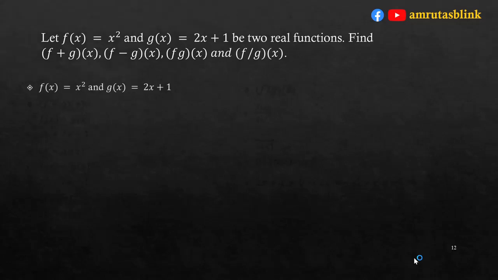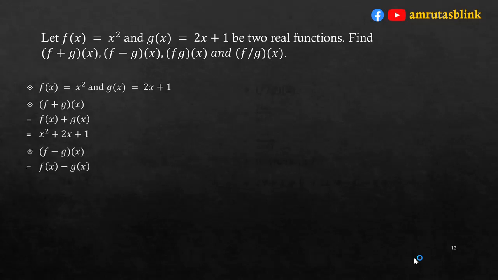Now, f of x is equal to x square, g of x is equal to 2x plus 1 is given. Now, (f plus g) of x is equal to f of x plus g of x, that is x square plus 2x plus 1. Similarly, (f minus g) of x is equal to f of x minus g of x, that is x square minus 2x minus 1.